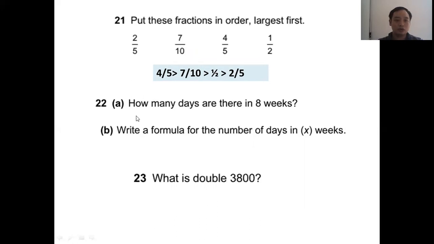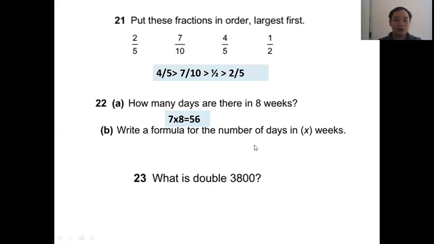Question 22. A: How many days are there in 8 weeks? B: Write a formula for the number of days in W weeks. For A, 1 week has 7 days, so for 8 weeks I take 7 multiplied by 8, which equals 56 days.